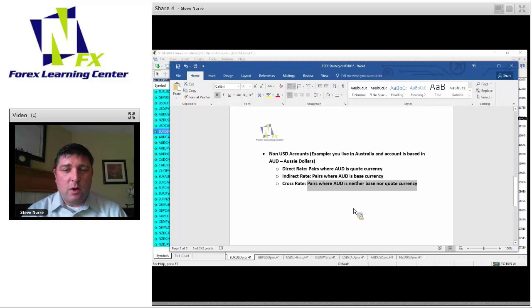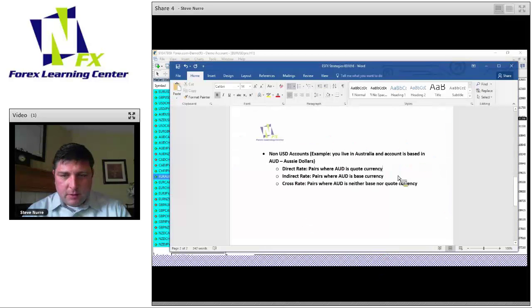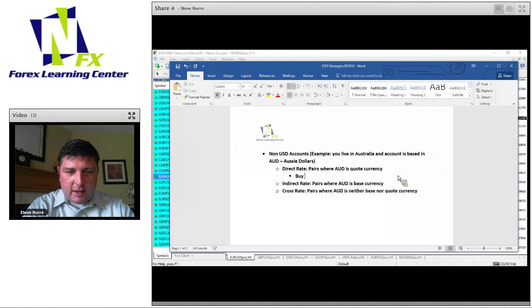Remember, we are dealing in exchange rates here. So let's say you're trading a direct rate pair. In this case, a direct rate pair would be like the Euro-Aussie pair. If you trade that, you see it's at 1.49640. If you buy EUR AUD, what is the pip value?